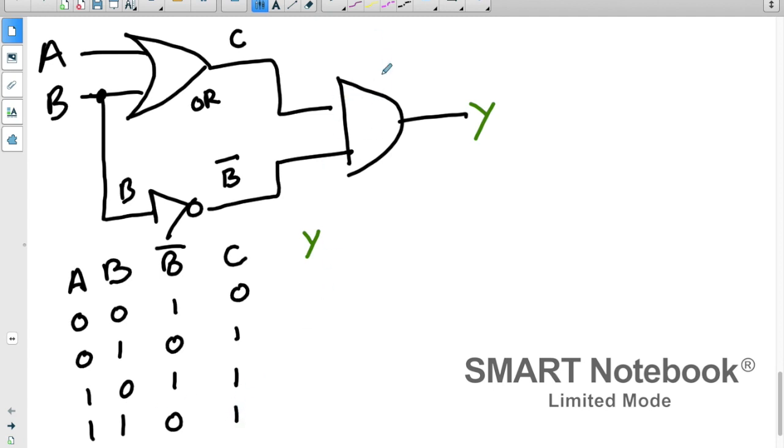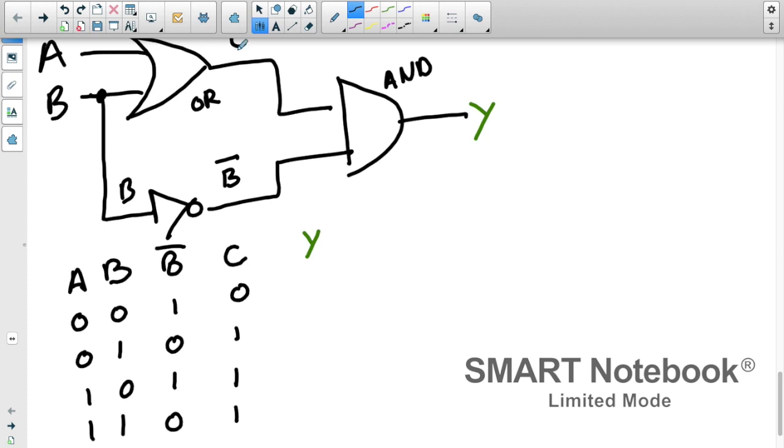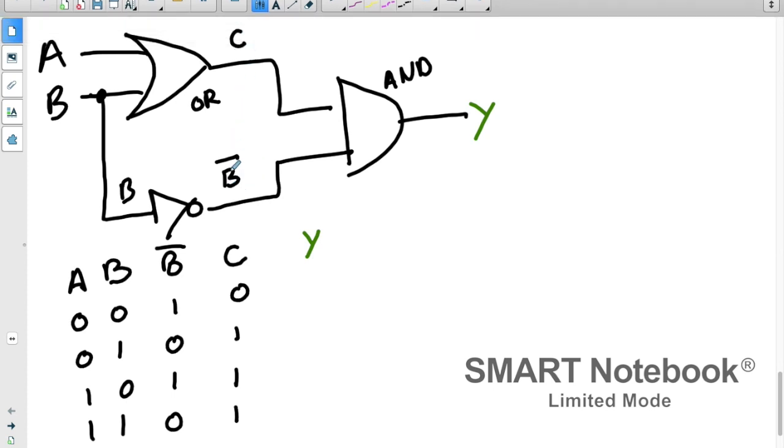Y is going to be the same case. Y is an AND gate, so I'm only looking at all 1s. It has to be all 1s between C and B naught. So look at C and B naught. This one's 1, 0. Is it yes or no? No. Next row, 0, 1. That's a no. 1, 1. That's a yes.